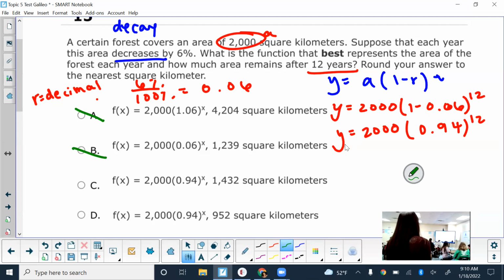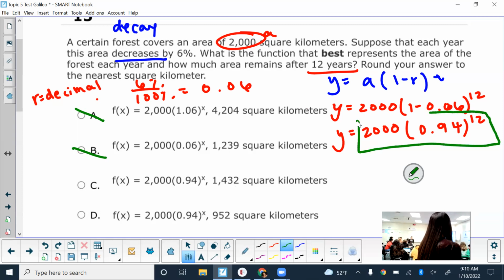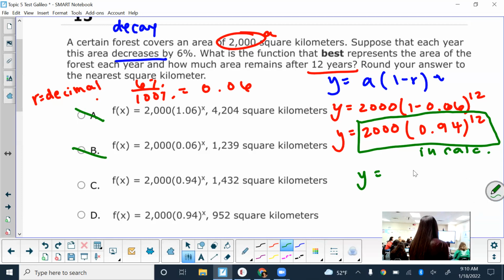All right, so we just have to put this in the calculator and then pick the answer that is closest. So I put it in my calculator. What do you get from putting it in your calculator? Good, and is that closer to 952 or about 1400?